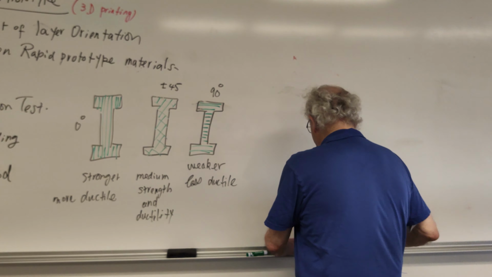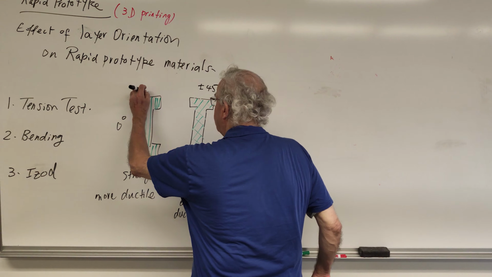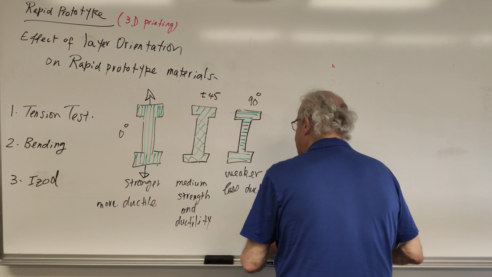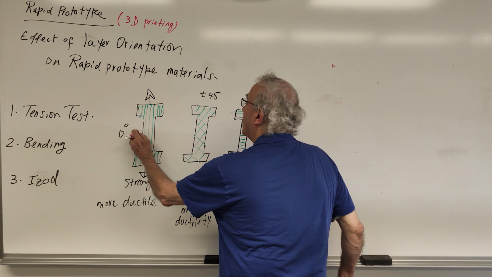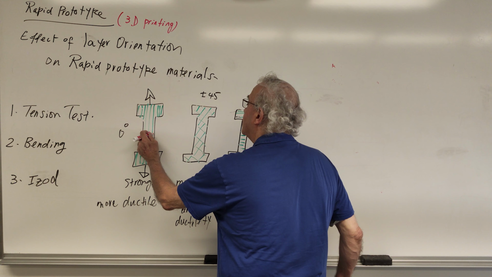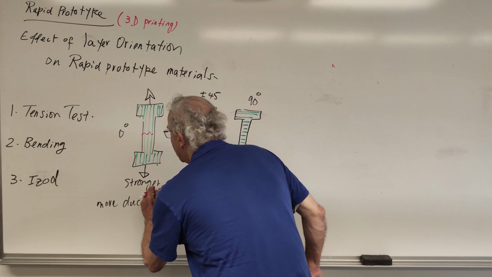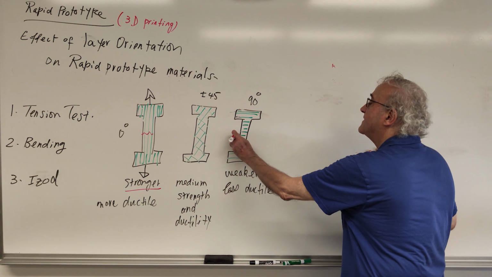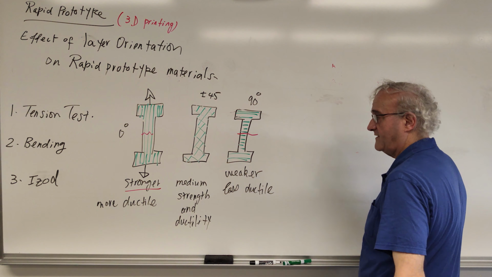What happened, guys, is that when you broke the sample in tension, so I applied tension here, the crack had to break this layer, and this layer, and this layer, and this layer, and that's why the material is strong. On the other hand, the crack just went in between.